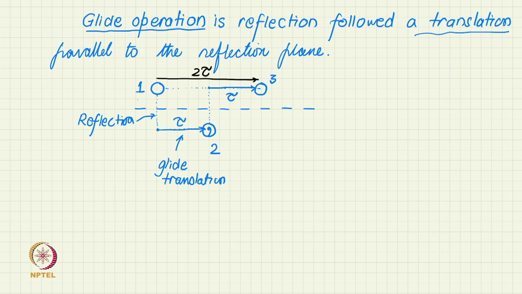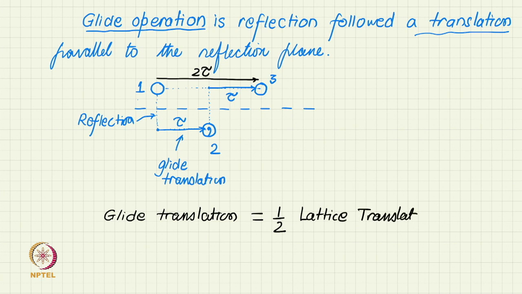So, if we note that, the glide translation is half of lattice translation in the direction of glide. So, this is an important result.